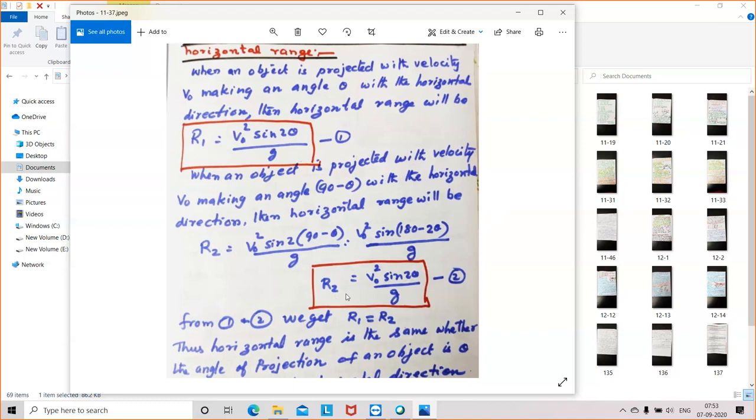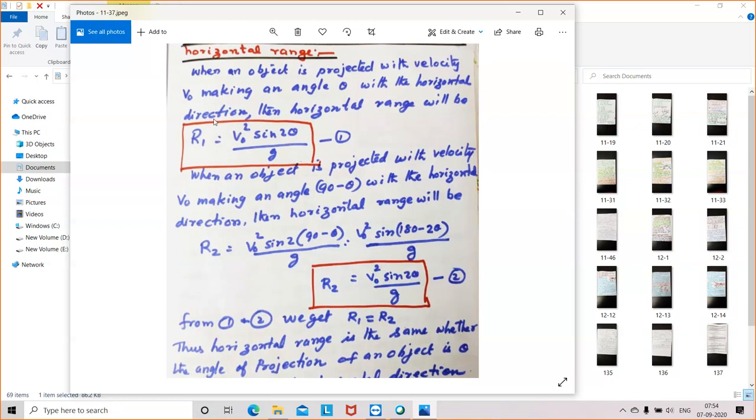So range equals v0 square sine 2 theta by g. How did we get this expression? Because sine (180 minus 2 theta) and sine 2 theta have the same value. So we can write the range as v0 square sine 2 theta by g.